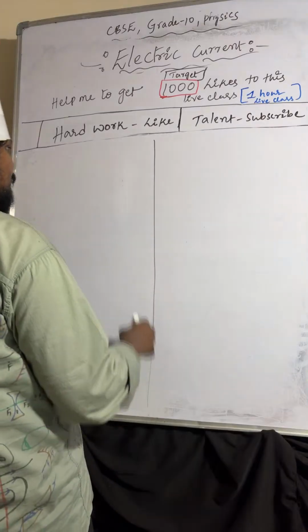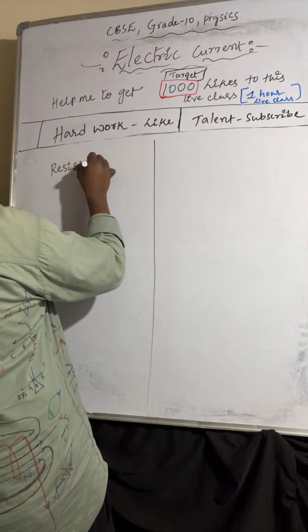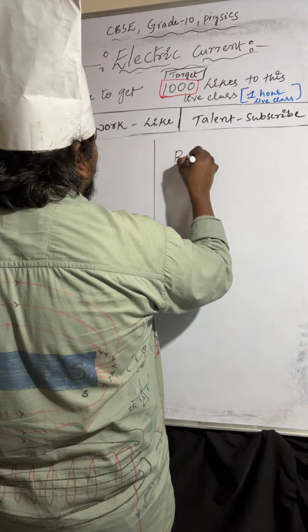A resistor is the device which is used to oppose the electric current.